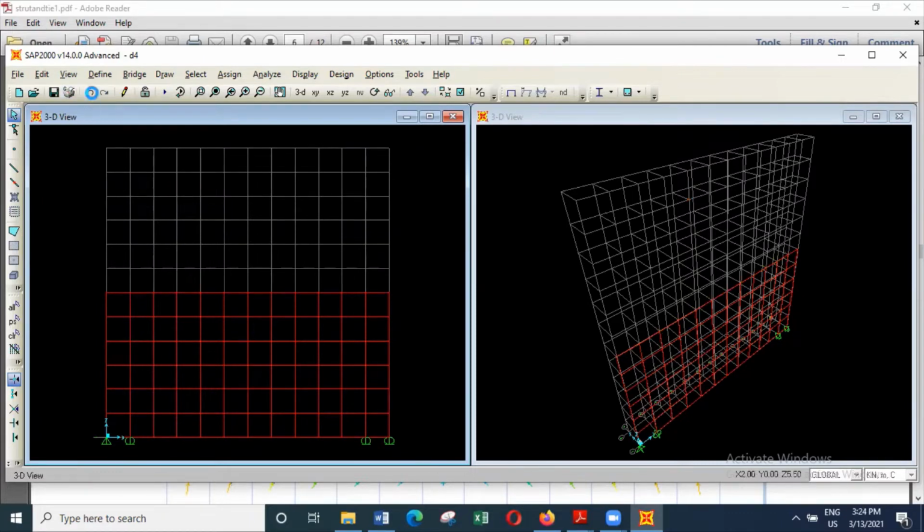So I'll undo it, and I'll make the height 3.5 meters here, because for 5.2 meters we are using a 3-meter height. So I'll make the height slightly more.